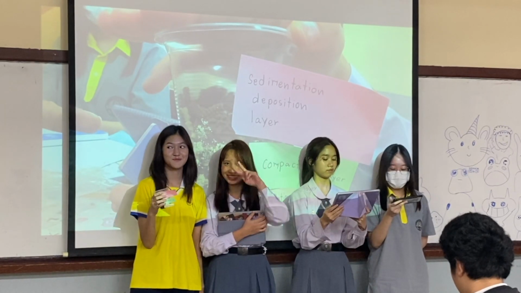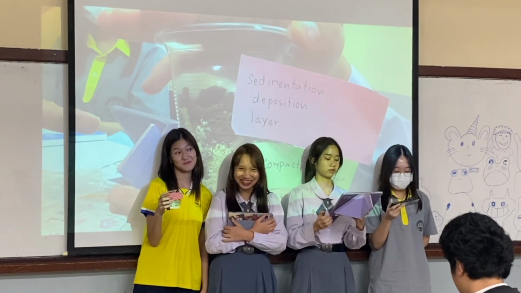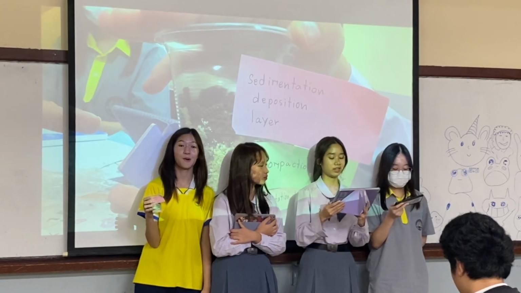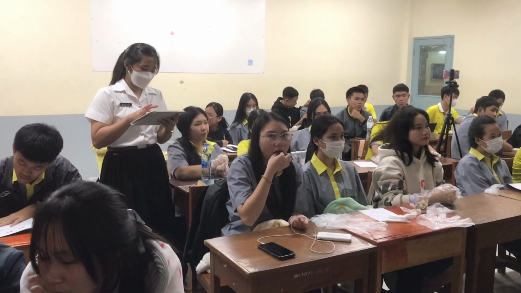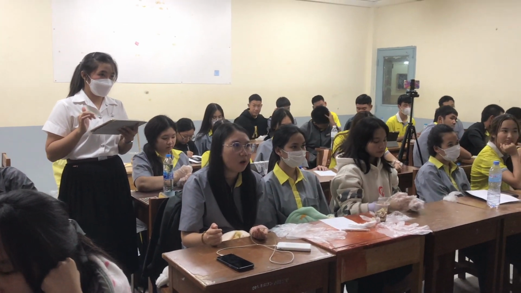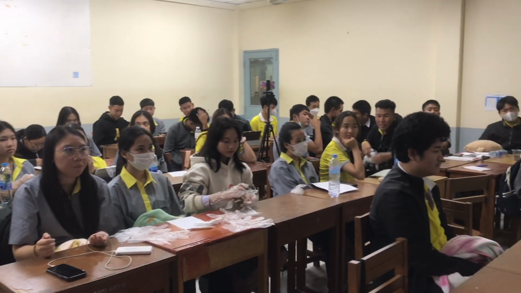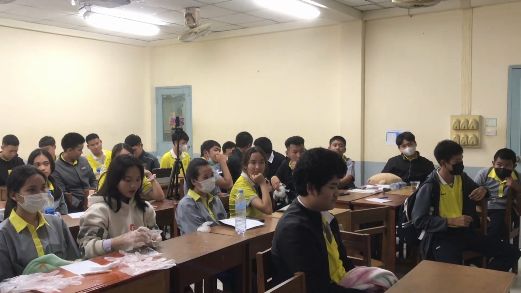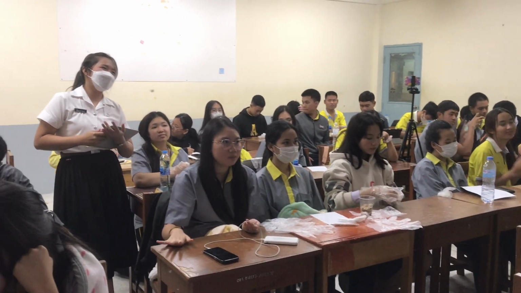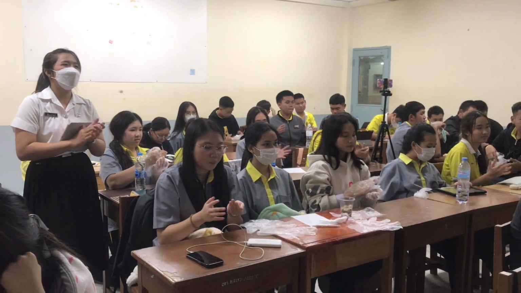The last one is the cementation layer. As you can see, the layer on the top, the sedimentation layer, is the newest layer, but the oldest layer is the layer at the bottom, the cementation layer. Thank you. Okay, thank you.